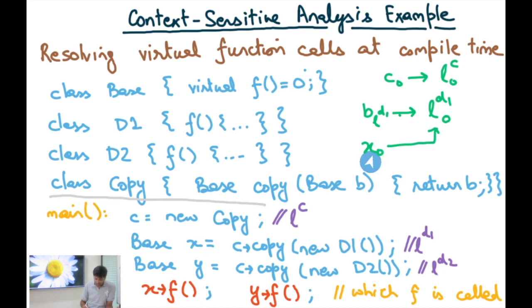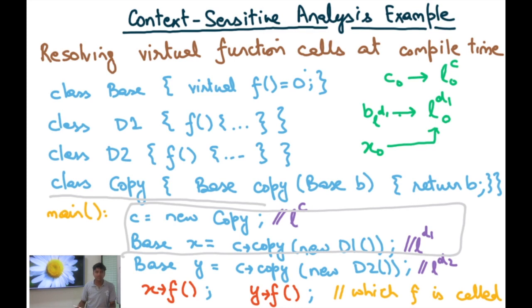So the return register is X0. X0 now points to whatever B was pointing to, and B was pointing to LD10. So X0 may also point to LD10. So this is the points to graph that gets created by virtue of the first two statements in the program.